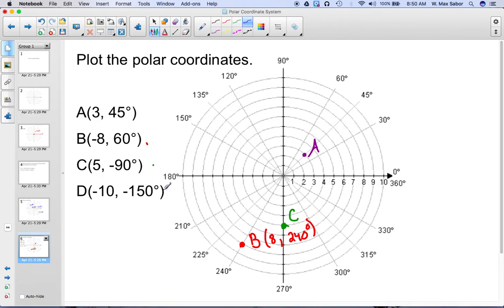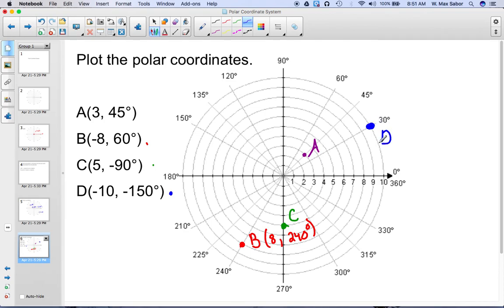And D, negative 10, so that's over here. And then we go negative 150. Negative 150 is actually clockwise. So we're going to go 150 degrees this way. If you're having trouble figuring out exactly how much it is, you can think of taking 180 and subtracting the 150. So 180 plus negative 150 gives us 30, so that's where we're ending up.